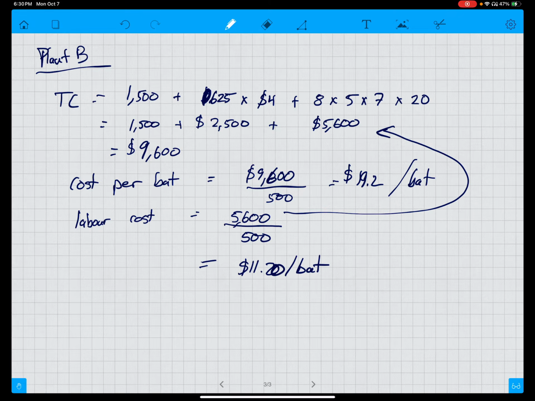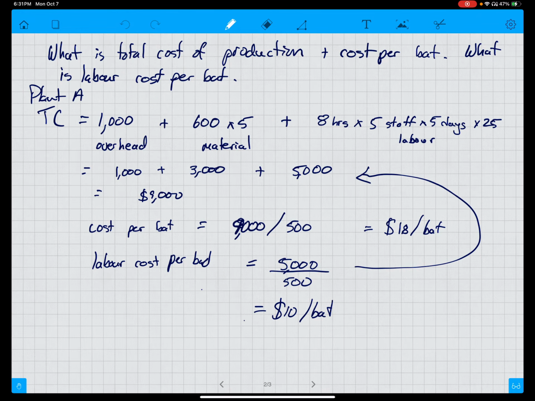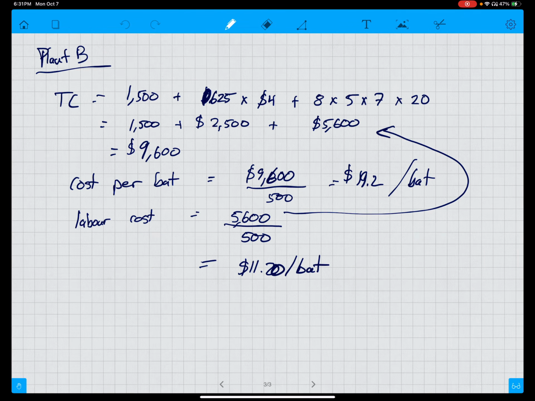You've figured it out. I think it's worth noting that even though labor cost per hour was lower at plant B, they needed more people, and so the total labor cost is higher at plant B. That's one of the reasons we do productivity calculations.